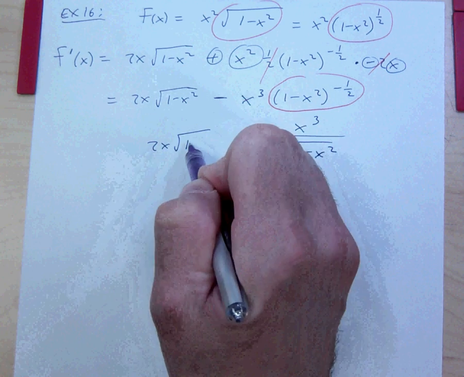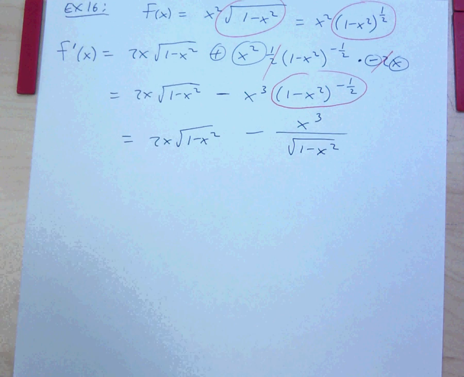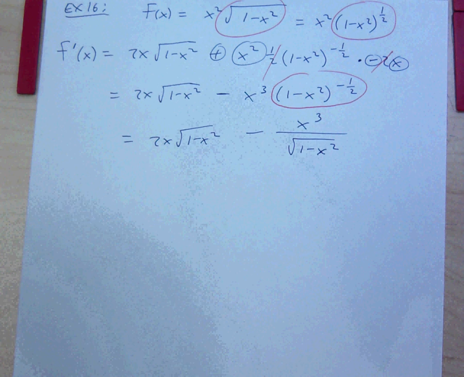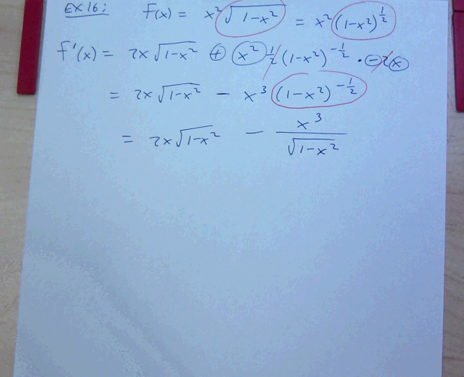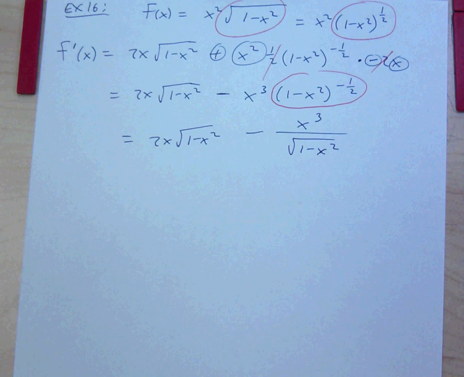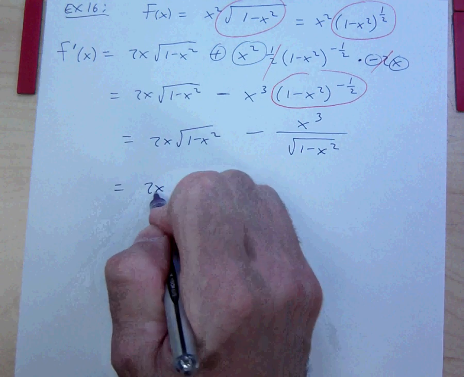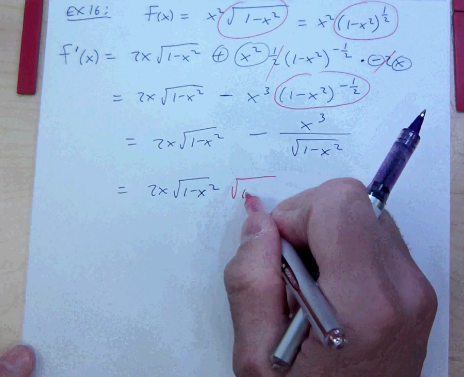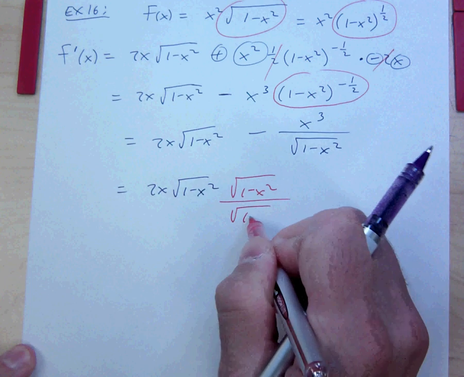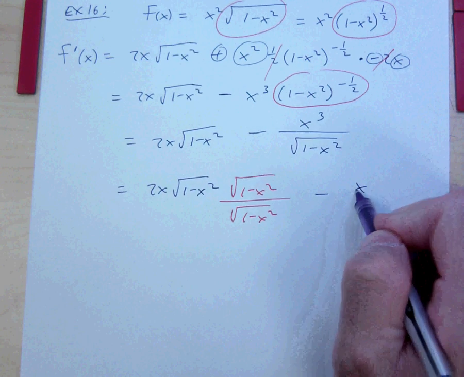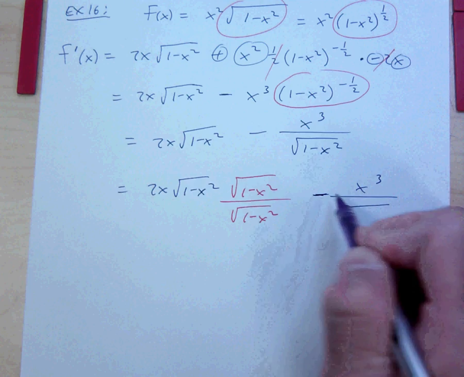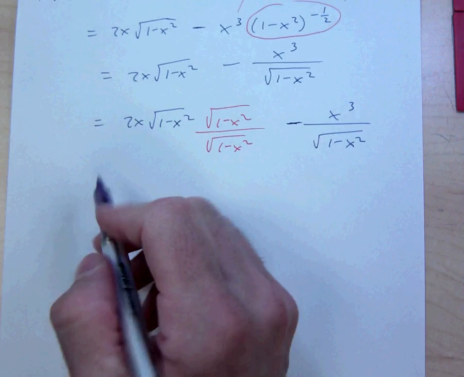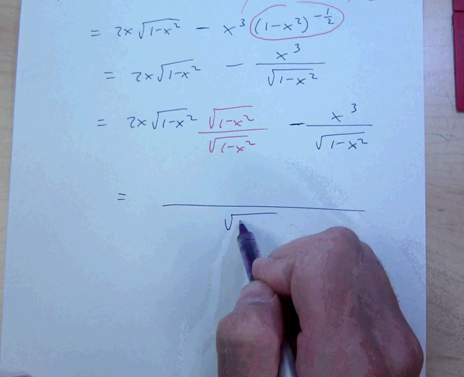Okay, and then again, you're going to see why real soon, like next week, why I don't want to stop there. So what I want to do is I want to now get a common denominator. And so to get a common denominator, I'm going to multiply this by this. And once I do that, what happens is this. I'm going to get one big fraction now.